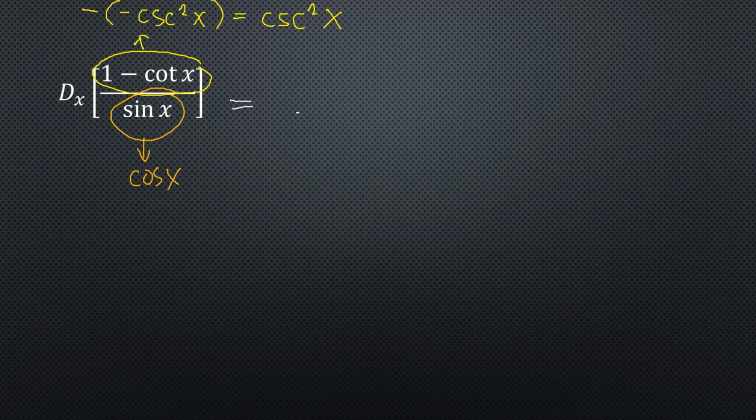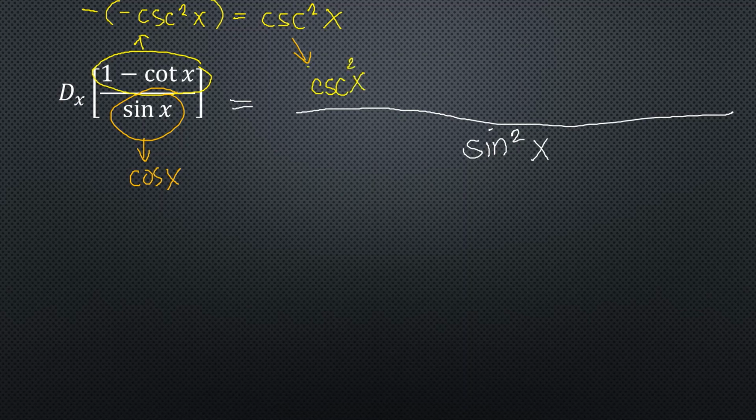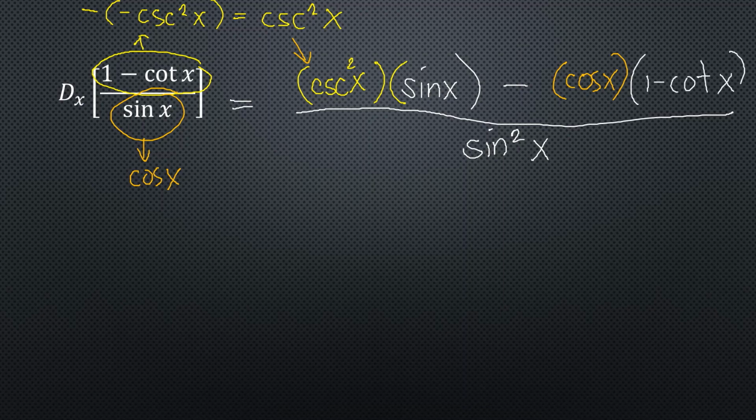Using the quotient rule, square the denominator sine x, so we have sine squared x. The derivative of the numerator is cosecant squared x, multiplied to the denominator sine x, minus the derivative of the denominator, cosine x, multiplied to the numerator 1 minus cotangent x.